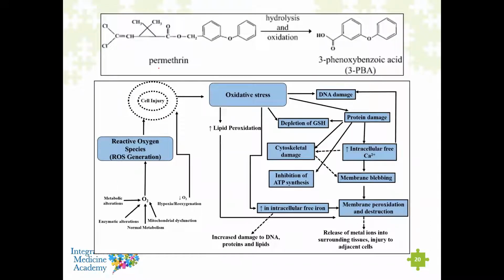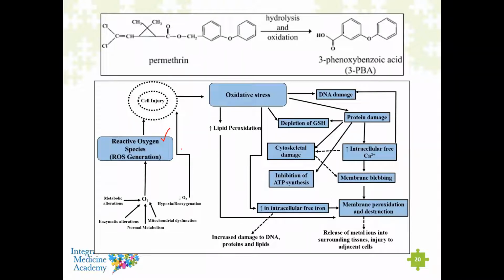This is another chemical called permethrin. These tend to be what are called pyrethroid insecticides. A lot of times these are found in pet shampoo, for example. And the bottom line is that these chemicals generate a lot of oxidative stress, primarily by creating what are called reactive oxygen species.